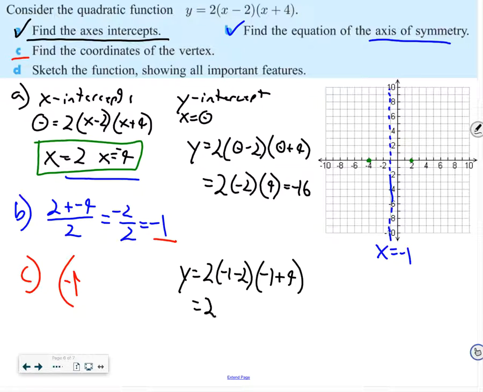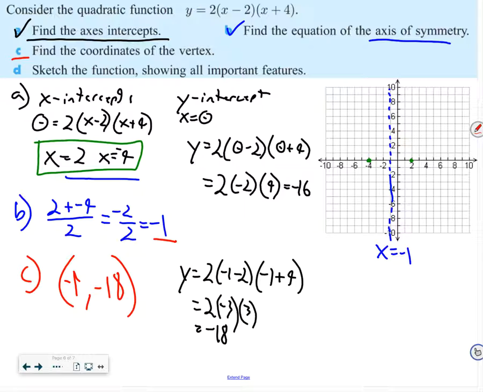A negative times a negative is positive, so I get positive 2. Oh, sorry, this is addition and subtraction, so I need to be careful here. Minus 1 minus 2 is minus 3. And minus 1 plus 4 is a positive 3. So I get 2 times negative 3 times 3, which is negative 18 as the y-coordinate of my vertex.